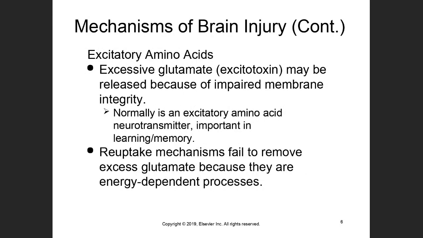Excitatory amino acid. Excessive glutamate may be released because of impaired membrane integrity. Normally it is an excitatory amino acid neurotransmitter important in learning and memory. Okay, let's keep going. Reuptake mechanisms fail to remove excessive glutamate because they are energy-dependent processes. Glutamate is a neurotransmitter.